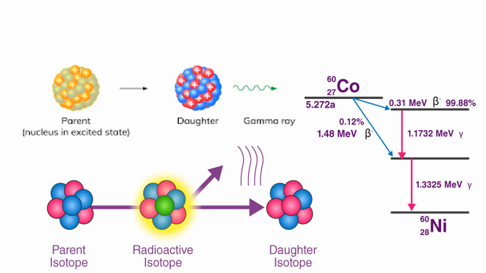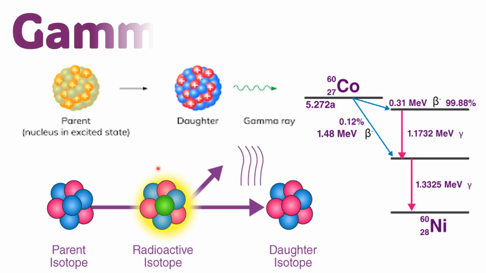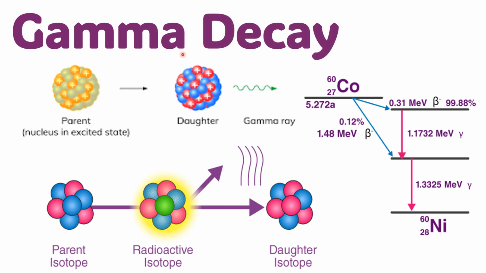In this video lecture, we are going to discuss gamma decay. Gamma decay is a radioactive decay. In gamma decay, an excited daughter nucleus, which is unstable, goes to its de-excited state by releasing a high amount of energy in the form of gamma rays.